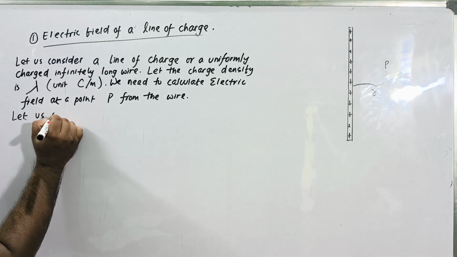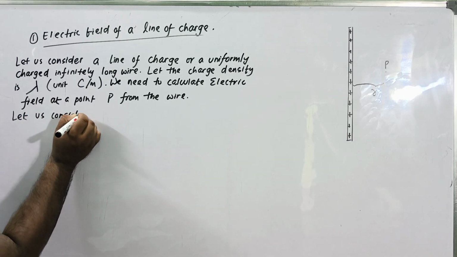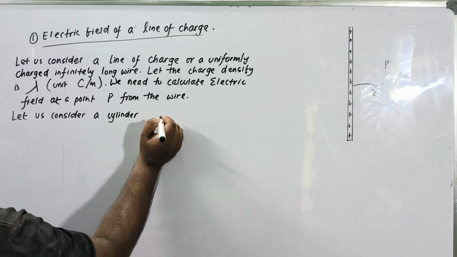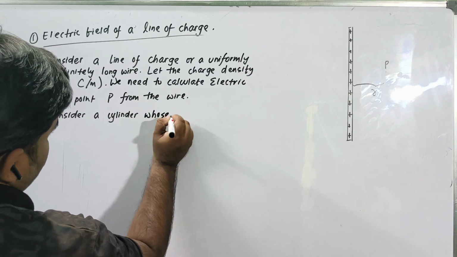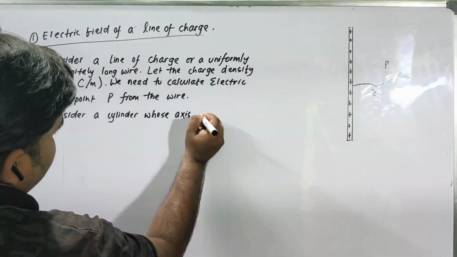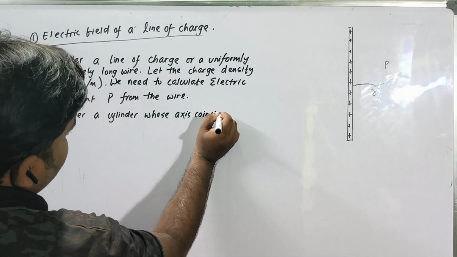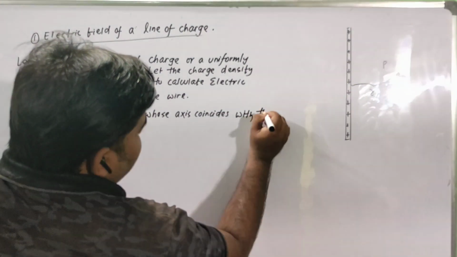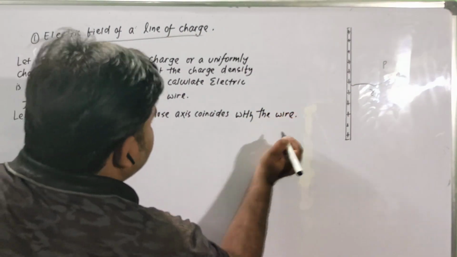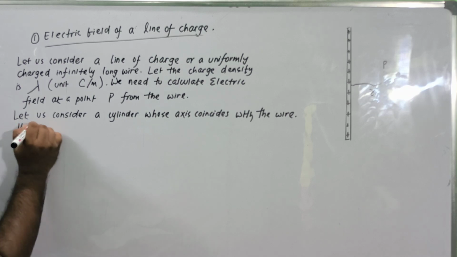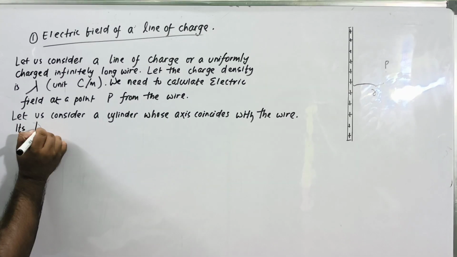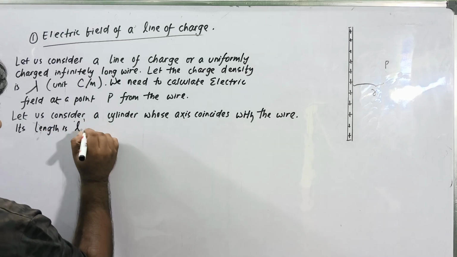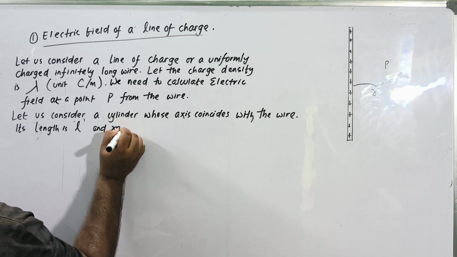Let us consider a cylinder whose axis coincides with the wire. Its length is L and radius is R.